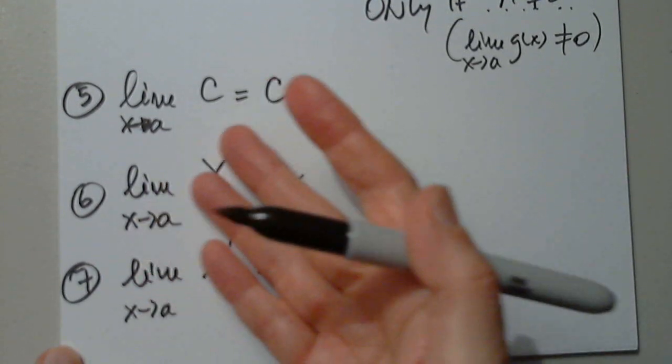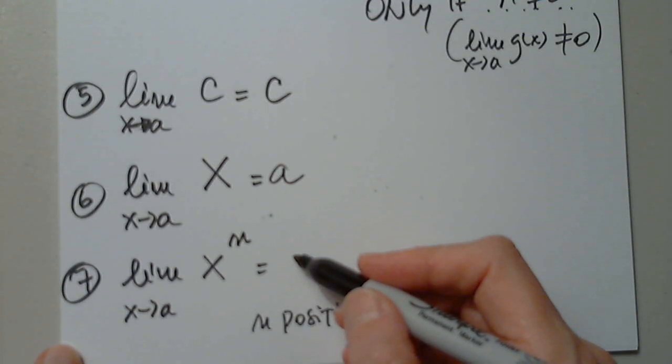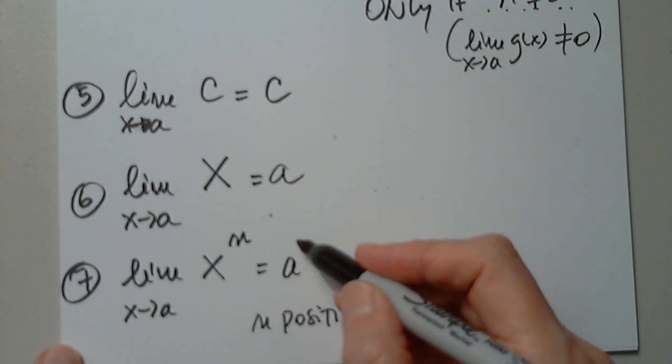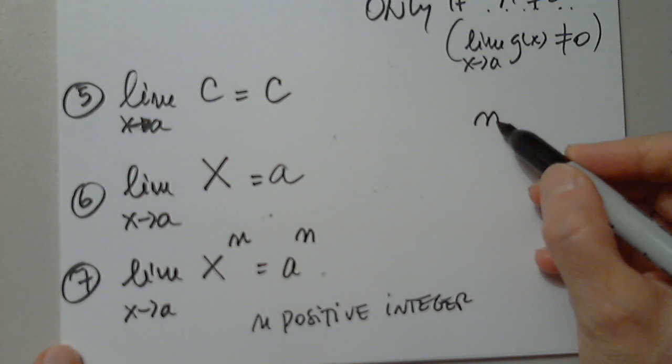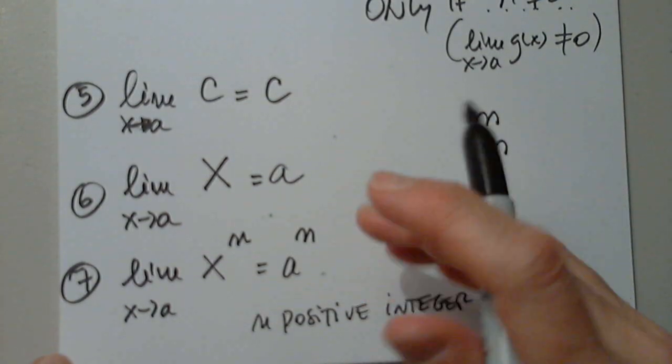It's the same case. There is no difference here. A to the m. That's it. I'm sorry. My n has 2 bubbles and my m has 3 bubbles. Sorry about that. N or m, it doesn't matter.